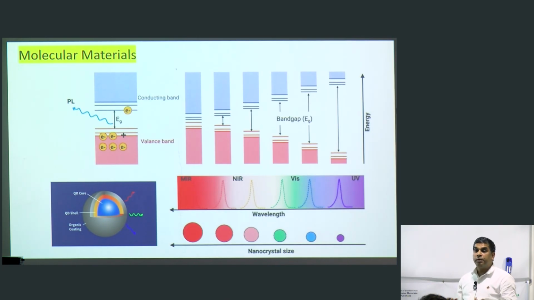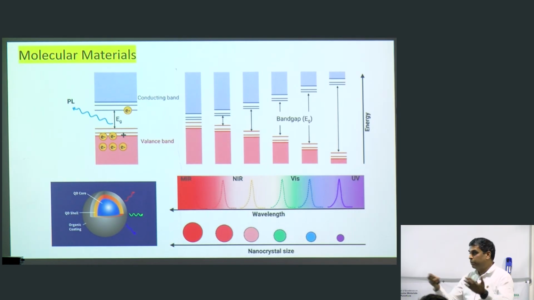That is the beauty of molecular materials or quantum dots or other kinds of materials, where you can tune or modify the system with the synthesis process and tune the emission very easily, which is otherwise difficult in the case of molecules.